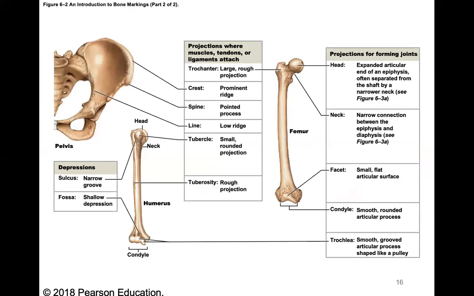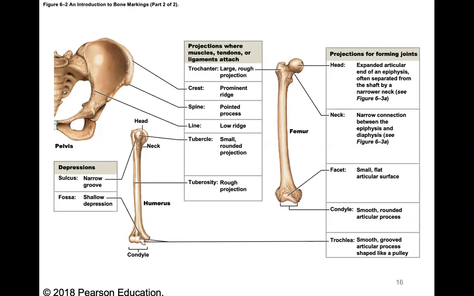Here are some others, looking at different types of depressions and projections. For example, you'll see some of these terms throughout. Sulcus is a narrow groove where you can maybe have a blood vessel or nerve present. A fossa is a shallow depression.